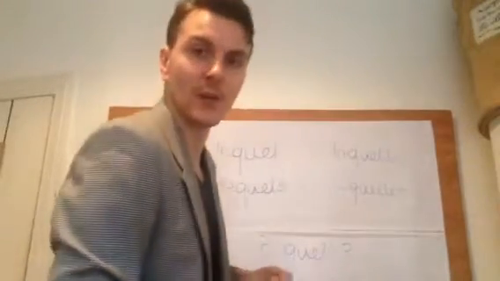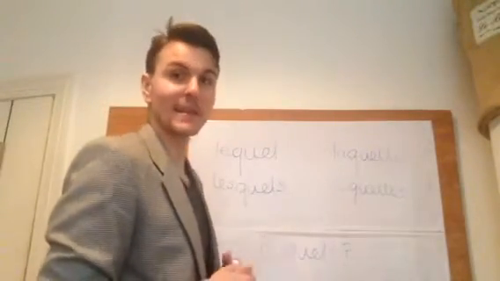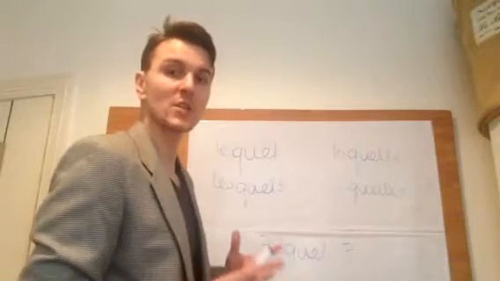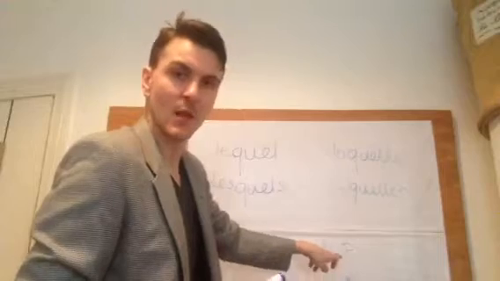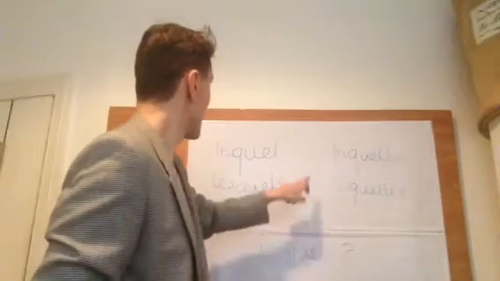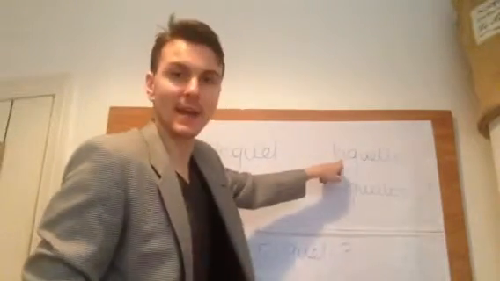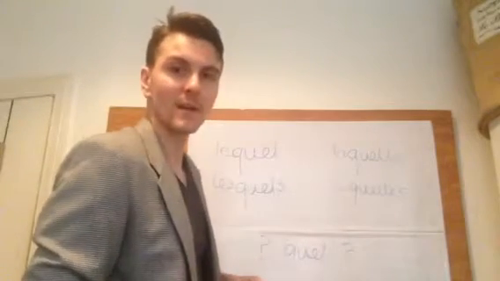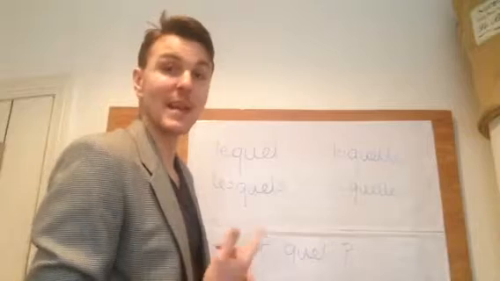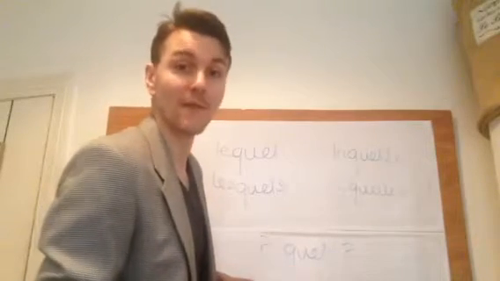So, the girl is fantastic. La fille est fantastique. Which girl? Quelle, the feminine spelling, fille. Which one? Well, laquelle, the which, feminine girl. The boys are my brothers. Les garçons sont mes frères.